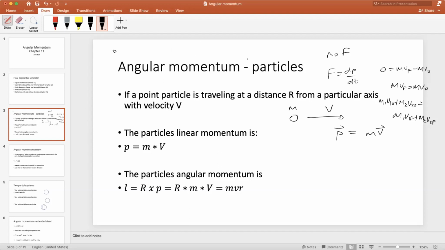We assume that there's some origin that this v is relative to, and we don't think about it at all. We just think, oh, it's moving with some velocity. Something happens and the velocity changes, right? Or the mass changes, so the velocity changes, or whatever. Well, in angular momentum, we have to choose an axis that the particle is rotating relative to.